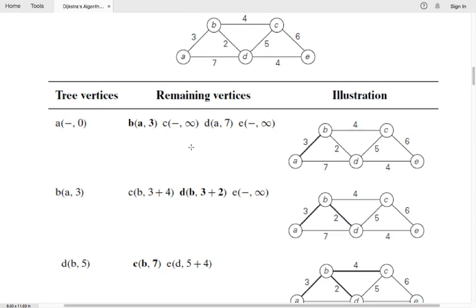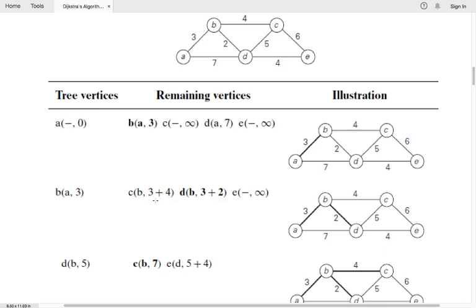Now, in this step, I am looking at whether there is a path from A to B and then to C. Since I am finding the shortest path from A, I have already chosen AB, which is 3. So when I compute the distance, I will add this 3 to the actual edge cost. To C, my previous chosen value is 3, so 3 plus B to C, which is 4. 3 plus 4 is 7.